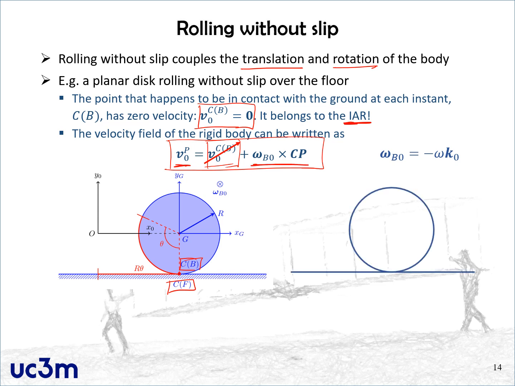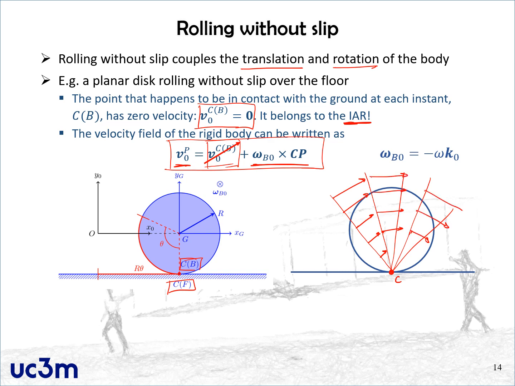In this separate drawing, this is our point C. Every point of the rigid body, if we draw some lines for reference, has a velocity that is proportional to the distance from C, and it moves like that. This point is moving like that, like that, and so on.